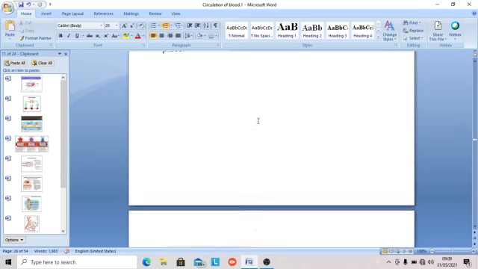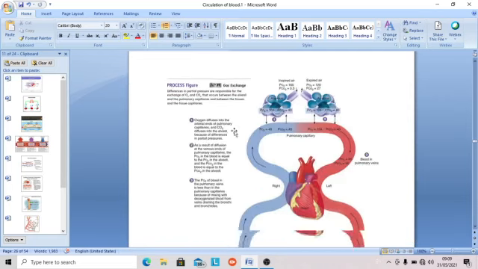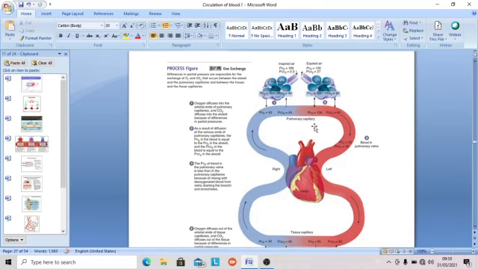It's in a very beautiful manner. If you see pulmonary circulation, the following exchanges take place. This is the figure in which you can understand very well what happens. This is the inspired air: PO2 is 160, PCO2 is 0.3. When expired air comes out of the nose, it contains PO2 120 and PCO2 27.